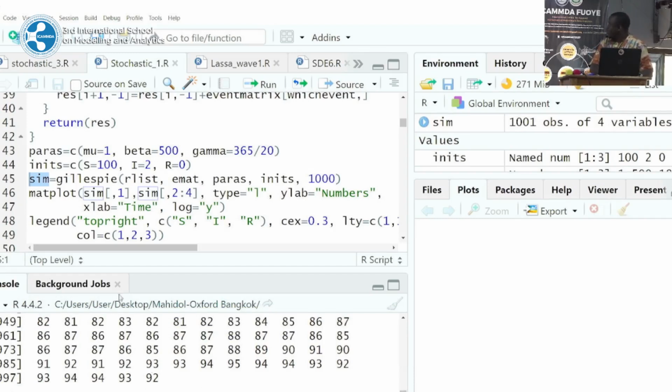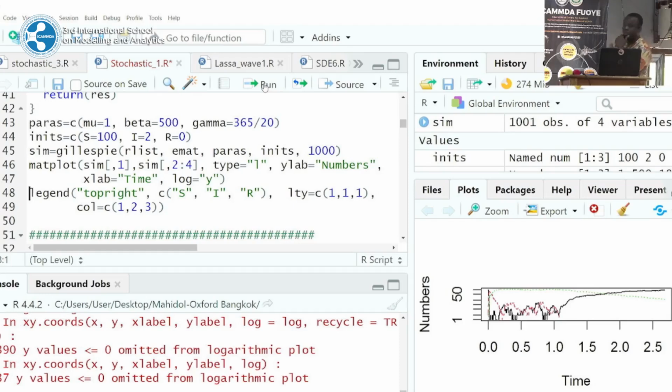So we are looking here. We want to plot time against SIR. We want to have all the whole classes in a particular graph. Now I run this.